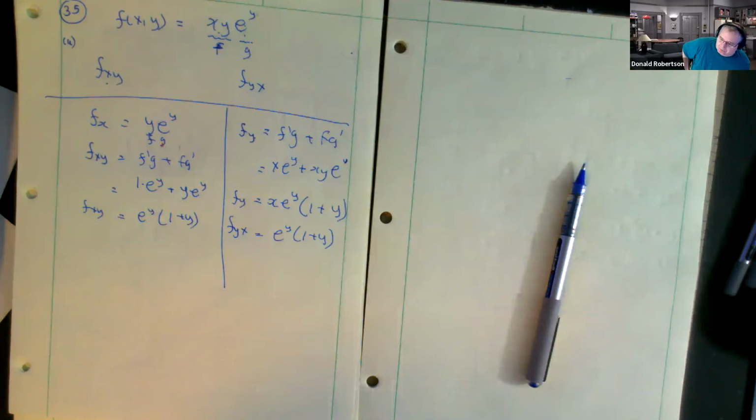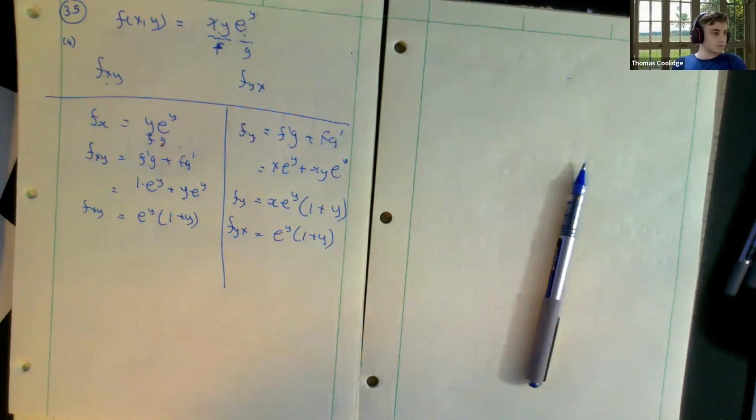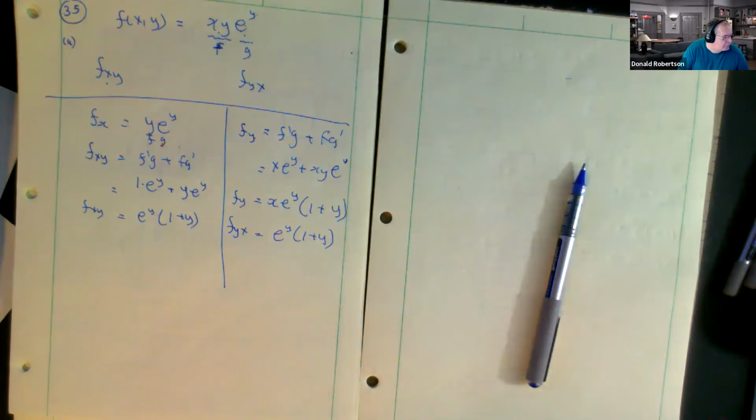I was wondering if you could do a quick overview of the second half of this course, of the vectors, if that's possible. Well, I can try. Hold on that thought. Let's see what we've got here.